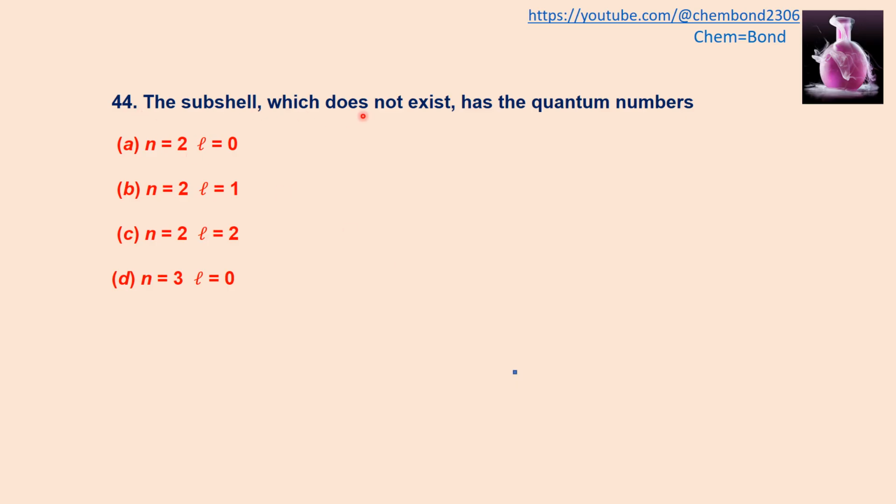The subshell which does not exist has quantum numbers: n equal to 1, L equal to 0; n equal to 2, L equal to 1; n equal to 2, L equal to 0; and n equal to 3, L equal to 0.